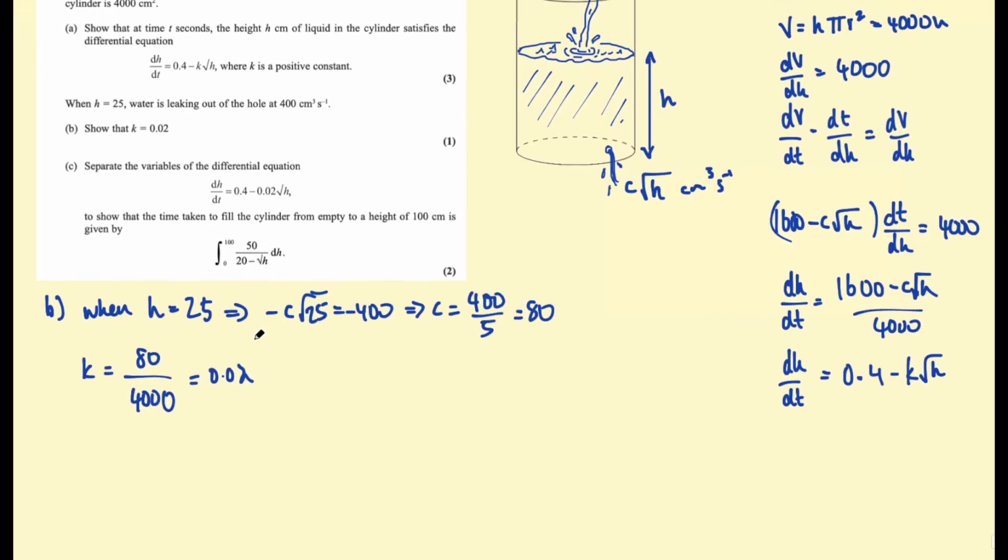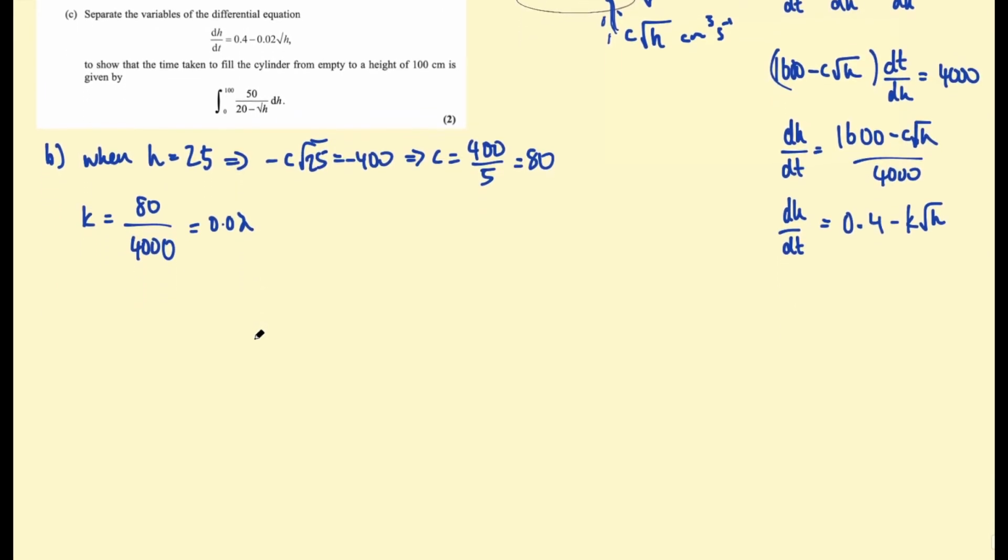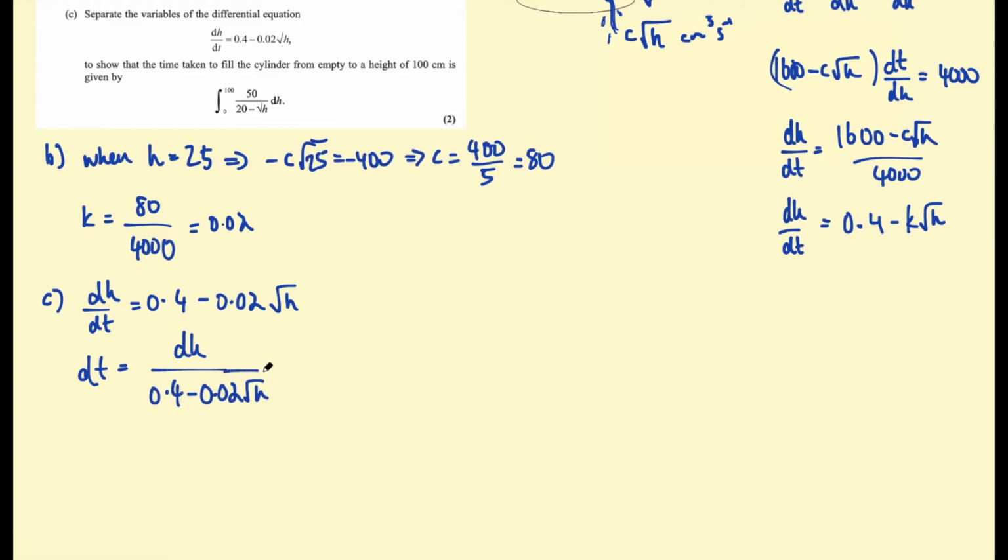Okay, let's go down the page a little bit. For part C, let's write down this whole thing again. So dh/dt equals 0.4 take 0.02 root h. Here what we want to do is rearrange in terms of dt. So multiply by dt and divide by this expression, and we'll have that dt equals dh over 0.4 take 0.02 root h.